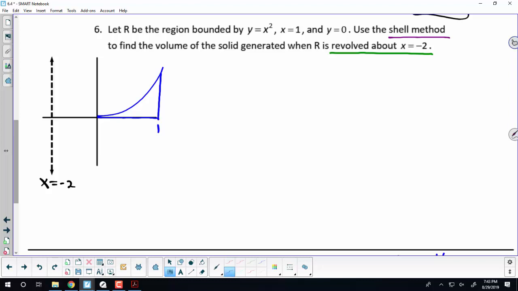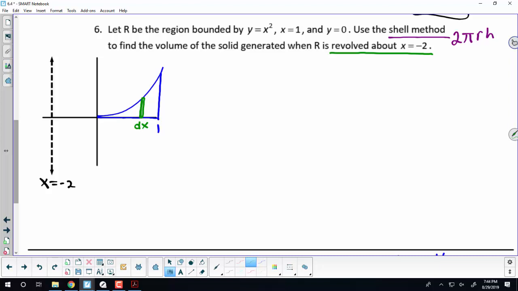We're thinking that we need to find 2 pi r h, the radius and height of the shell revolved around x equals -2. Again, all of our shells are parallel to the axis of revolution, so we're integrating with respect to x.